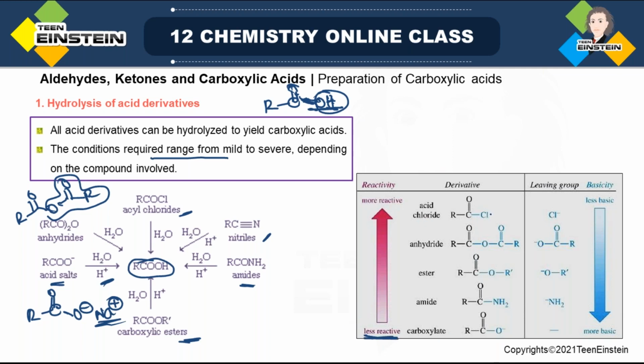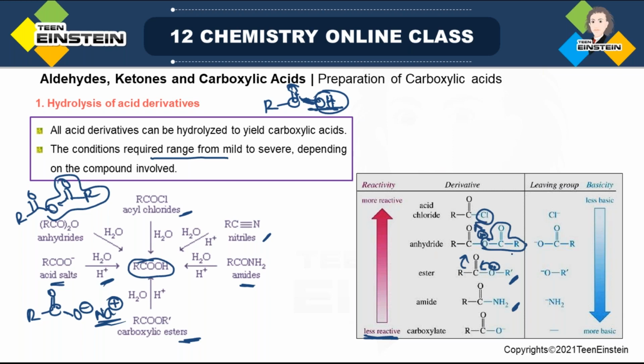So maximum reactive is acid chloride because here OH is replaced by Cl and Cl is electron withdrawing. Anhydride is also electron withdrawing because of this group. Though here some amount of resonance is possible, but that resonance that you will find in ester and amide is actually more, because in this case the lone pair over oxygen can take part in resonance, but if you consider the lone pair over this middle oxygen in anhydride, it can actually take part in resonance on both sides, right?